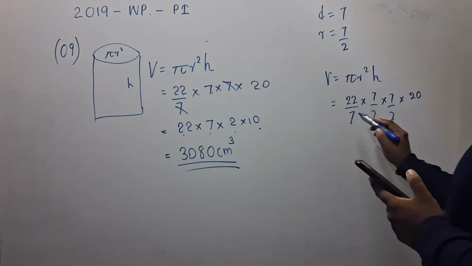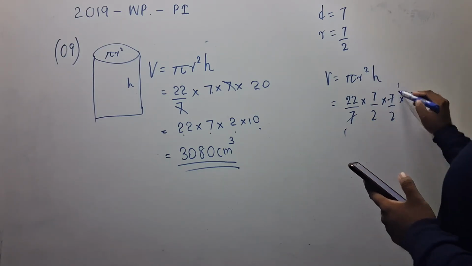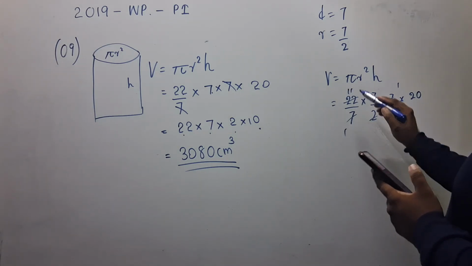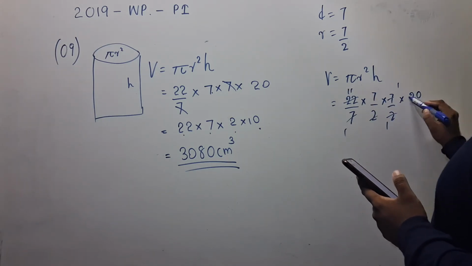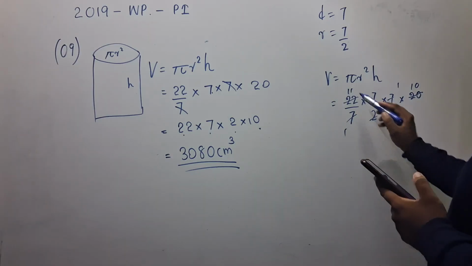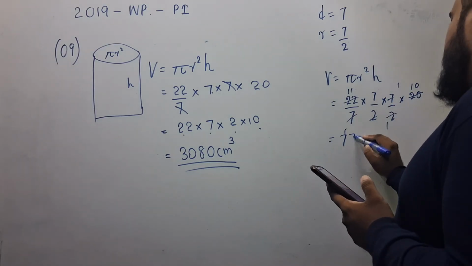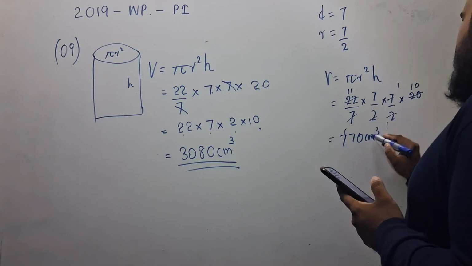Now you can cancel them: 7 has one 7, 7 has one 7, 22 has 11 2's, this 2 has 1, this one has 10. 11 to 7 is 77, into 10 is 770 cubic centimeters.